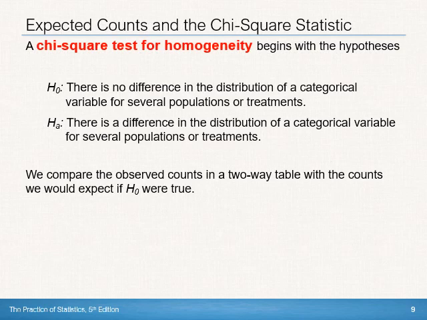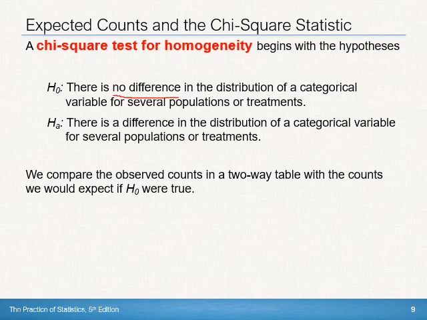Okay, so the chi-squared test for homogeneity, we're going to start our 4-step process with, of course, our null and alternative hypotheses. So the null hypothesis is going to have the key words, there's no difference, right? Unlike in the goodness of fit test, where we said for the null hypothesis that the distribution is the same as it is claimed, and then we said it's not the same.